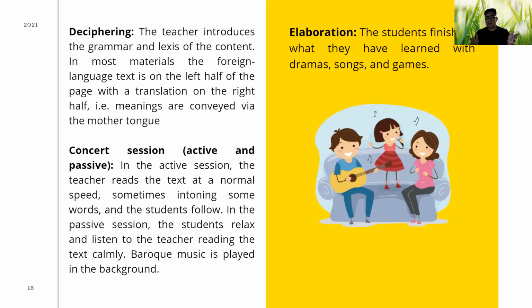In the other half, on the right, you have the translation of the text. In that way you can see the translation and compare between the two languages.